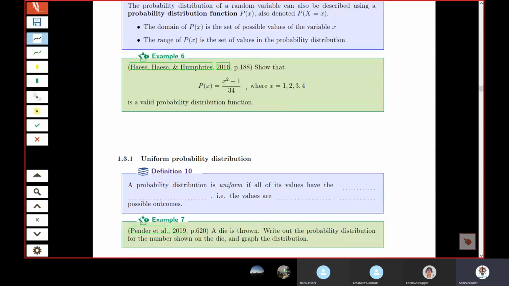All right. Show that this function, p of x equals x squared plus 1 on 34, is a valid probability distribution function. Okay, how would you know if this is allowed to be your probability function? What were the two conditions for probabilities?